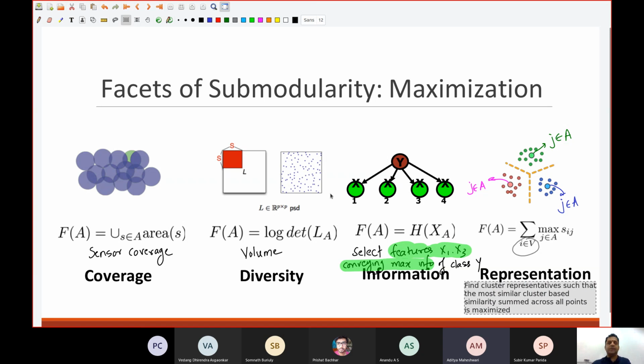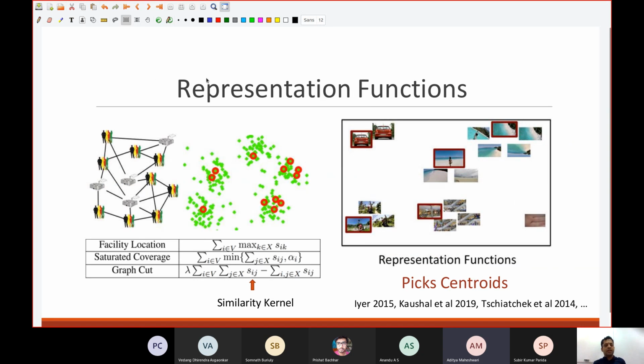This is a gamut. So let's start with representation functions. Again, multiple options here. The first one I discussed is what I showed there. What we have here is a similarity kernel S_ij. S_ij is saying how similar is a point to another point. Say similarity is 10. Self-similarity will be very high, right?